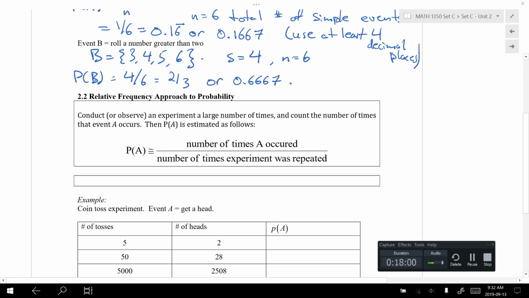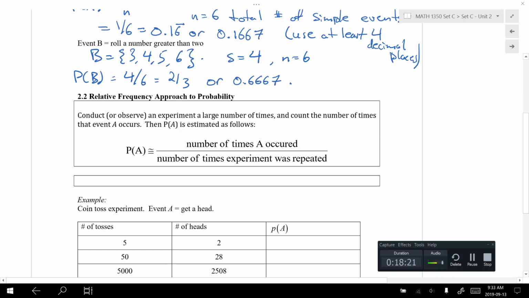The other approach, the relative frequency approach to probability, has become more common in the past maybe 20 to 30 years. This is largely due to computing. So let's think about this method here. The idea is basically brute force.